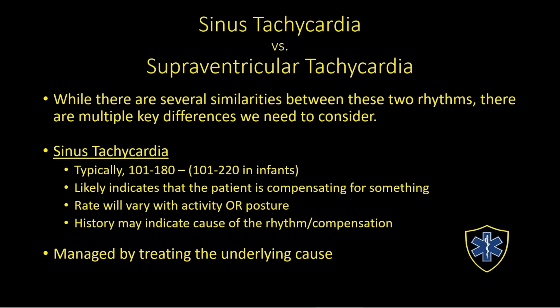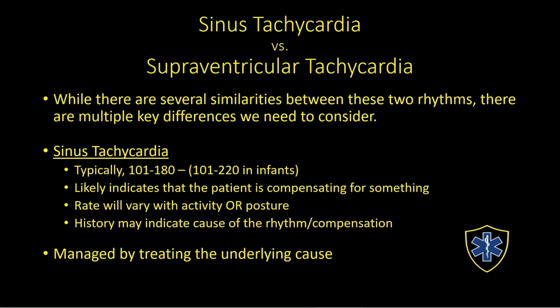Another issue that helps us differentiate between these two is, what is the history? What are we hearing from the patient or their family members? We can take two possible causes here and decide which one it would be.